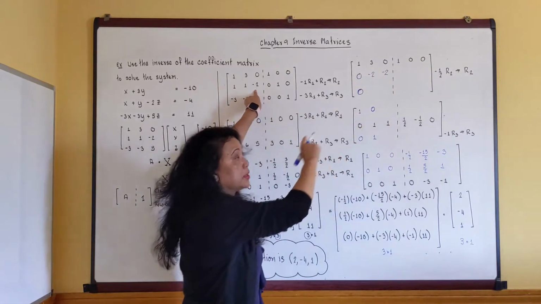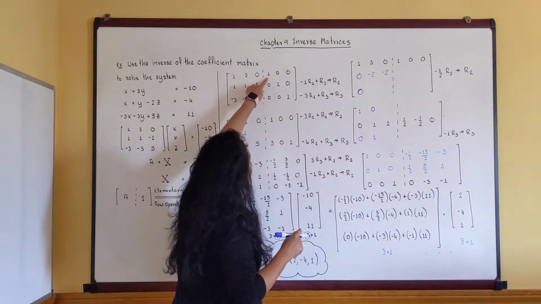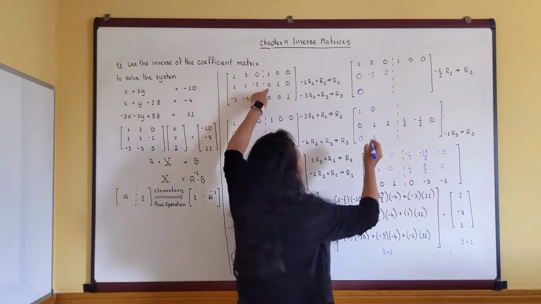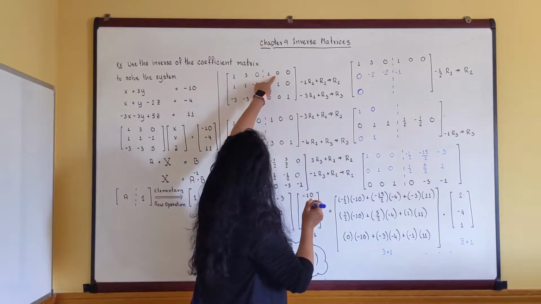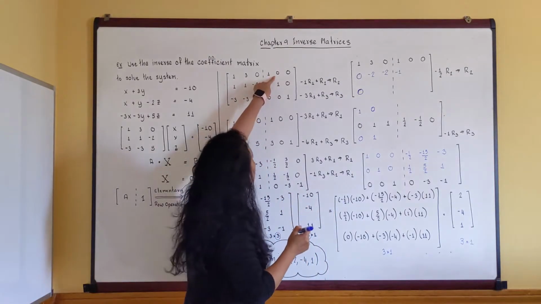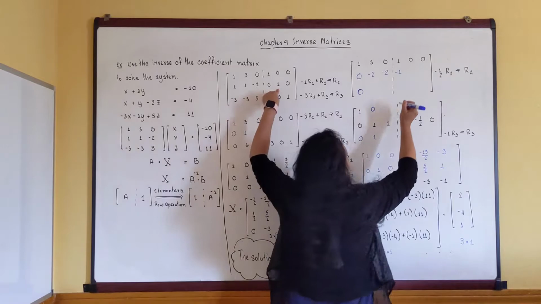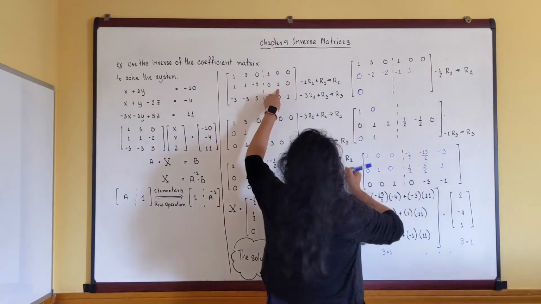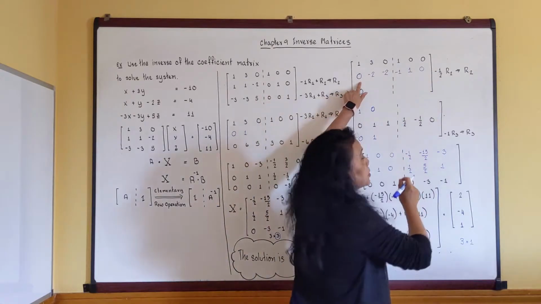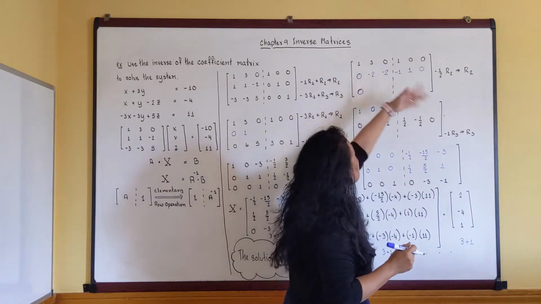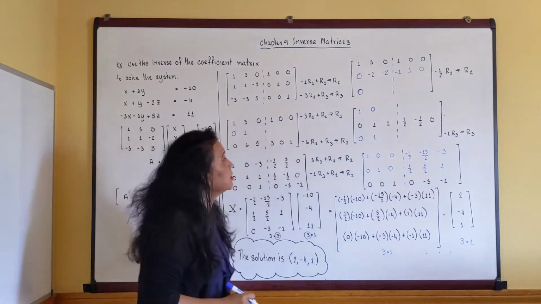Then you have to continue. Negative 1 and 0, I get negative 1. 0, because negative 1 times 0 is 0. 0 and 1, I get 1. 0 and 0, I get 0. So that's what I want: 0 here. Everything else, I'll take care of later.